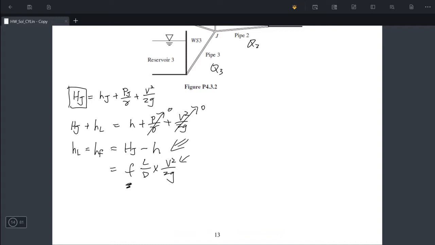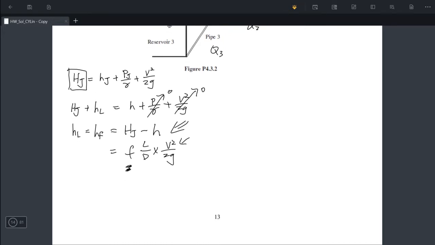So in this case, we usually will assume a value F and use the equation to calculate the velocity, and then use this new velocity to update this factor by using the Moody diagram. And we do this process iteratively, and eventually, it will converge to a value that we accept for the factor F as well as the velocity term.